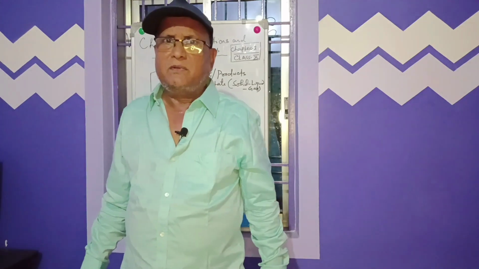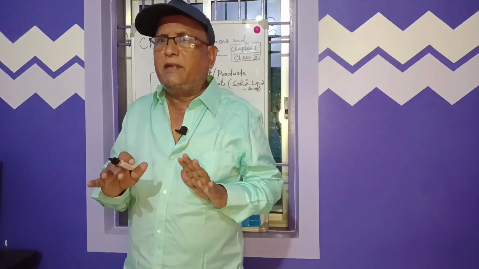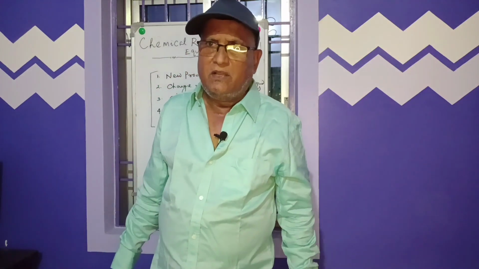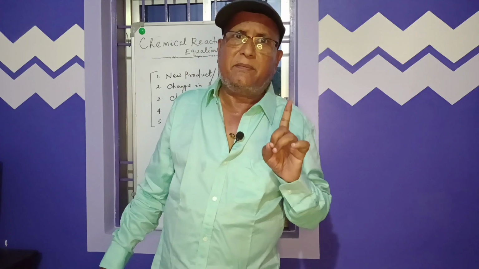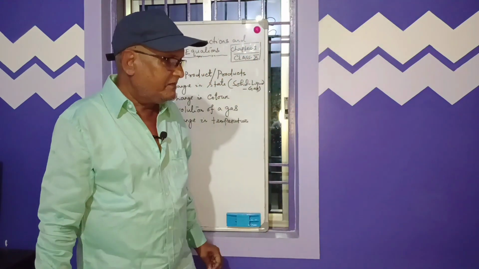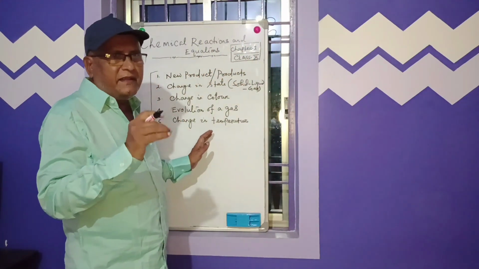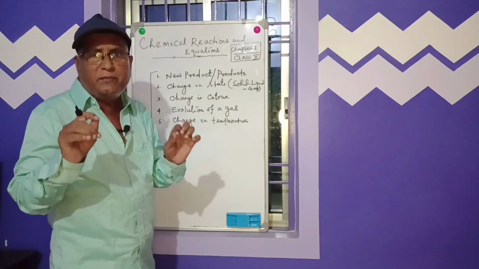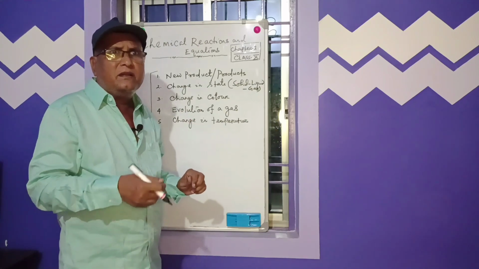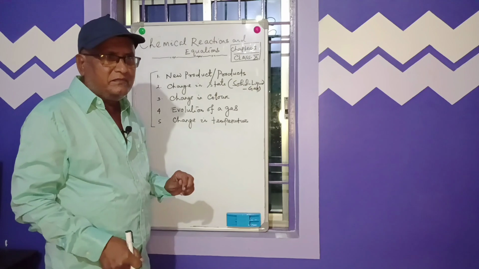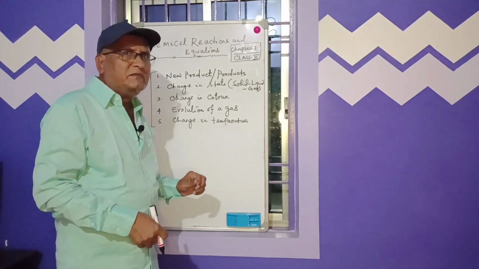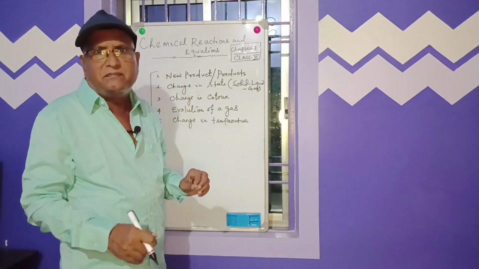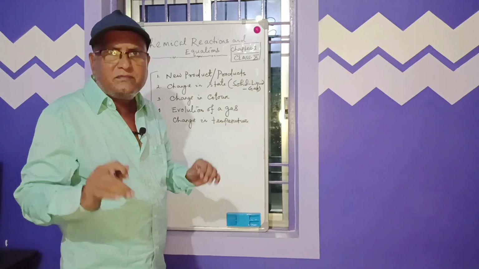Let's discuss using your textbook activities. Let's discuss first activity 1.1. Let us take a clean magnesium ribbon, hold it with a pair of tongs and burn it over the flame of a burner. What do we observe?